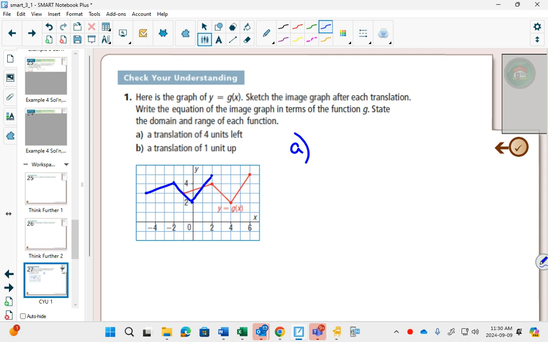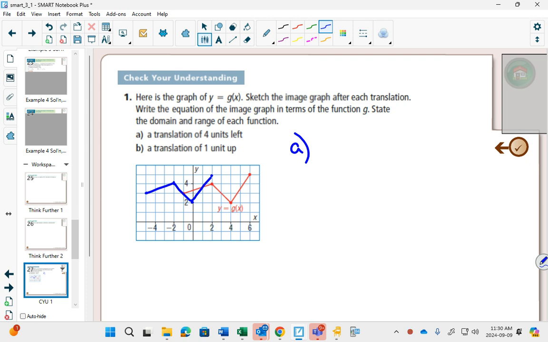I was reading the question, I got to translation 4 to the left, I moved it 4 to the left. Is this the only thing the question is asking? No, it's asking more. But sometimes we do something and we get so excited about finishing, we just move on. So after you're done a question on a math test or quiz, you should read it again. Make sure you've done everything.